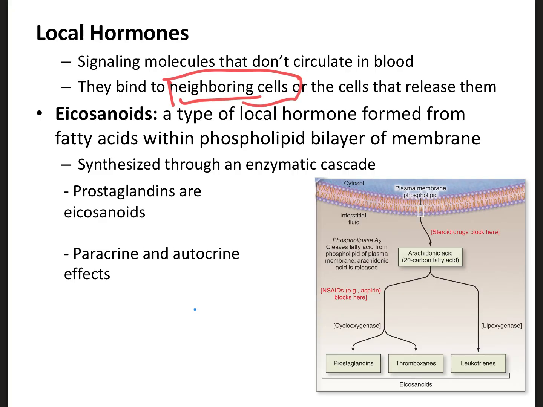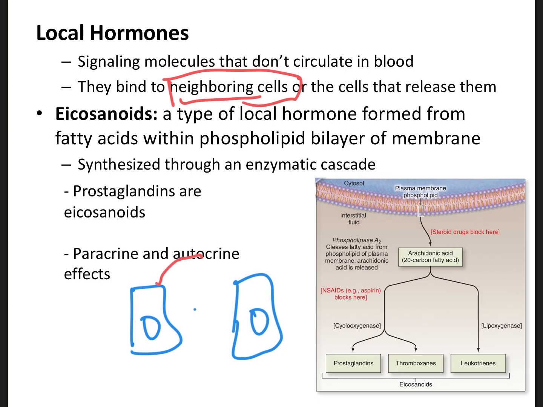So here, let's draw a cell, lovely cell here, and another cell near it. This cell produces the hormone, and the other cell has the receptor for that hormone.